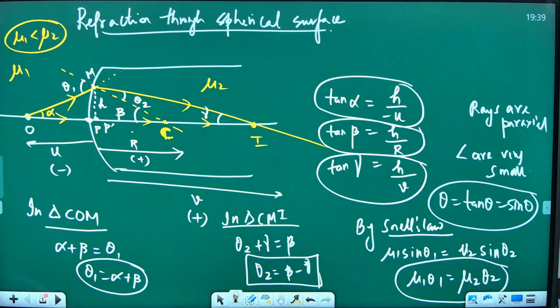Sir, I have a few doubts in the ray optics chapter, sir, regarding previous topics. What doubt do you have? Tell me the topic name. Can I go to the next page meanwhile? Yes, sir.